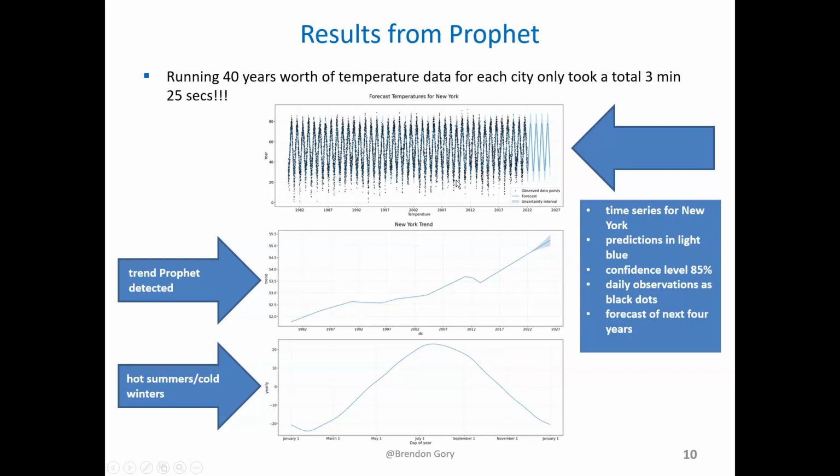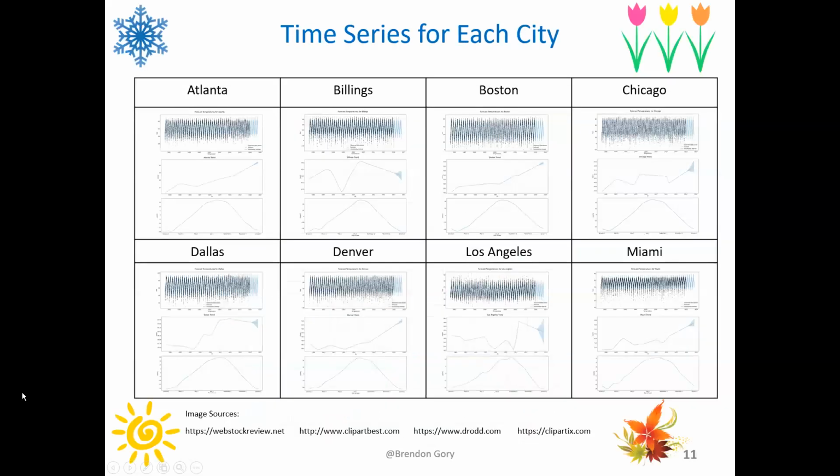And all these black dots are the observations, and we can see the extreme values over the predicted consistent seasonal values that we have. And I just chose New York. There was a nice plot here that showed all the differences. And each city we see has its own breakdown.